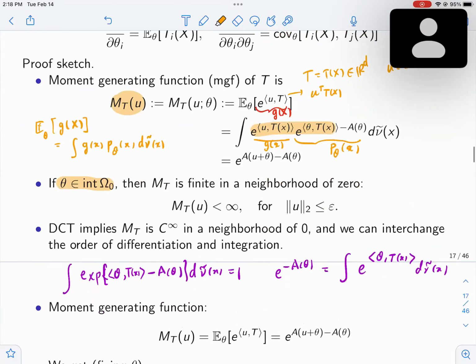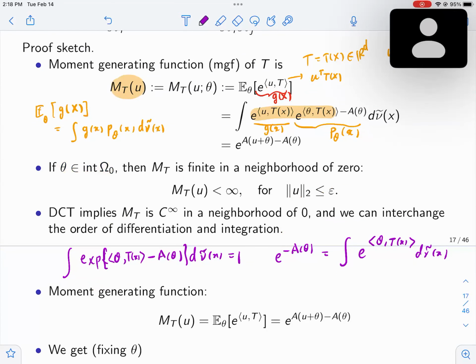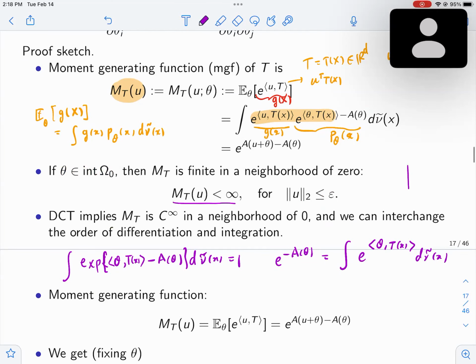So pick theta in the interior, then M_t is going to be finite in a neighborhood of 0. This is a function of u. What it means is that if the norm of u is less than some epsilon, then this is going to be finite. So this holds for all the u's in the neighborhood of 0, within a certain radius. So why is that?